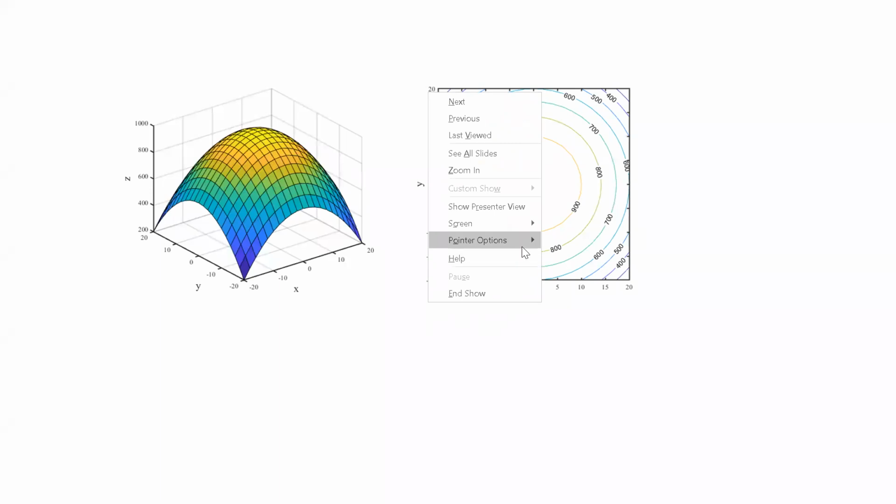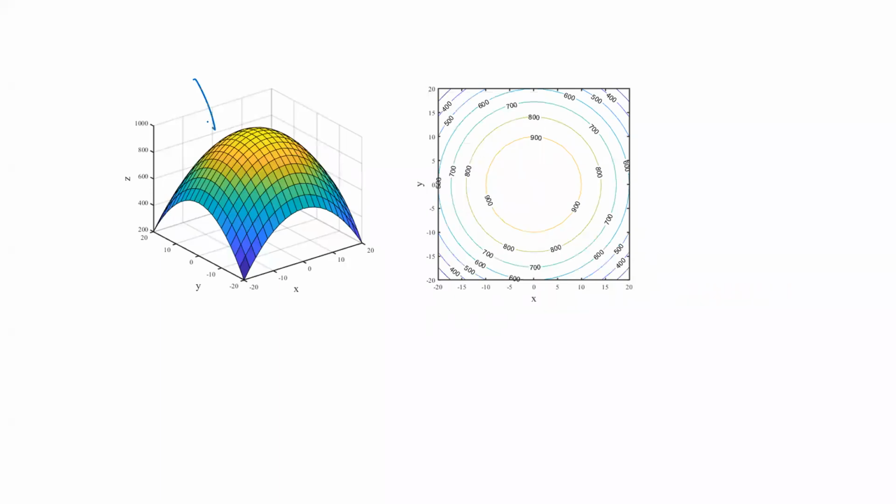So let me call this a function, a scalar function, V of x and y. Suppose I want you to find the equation of the contour line.